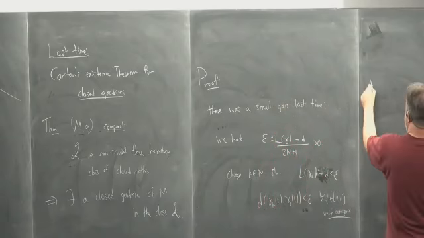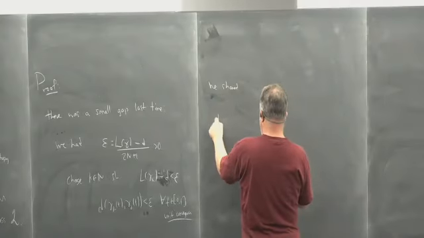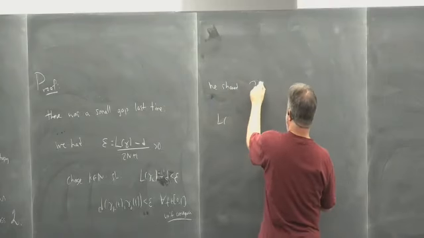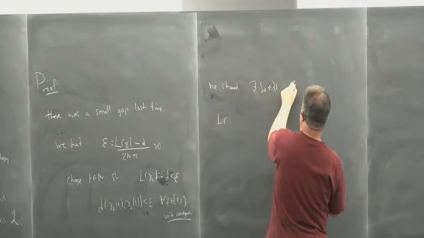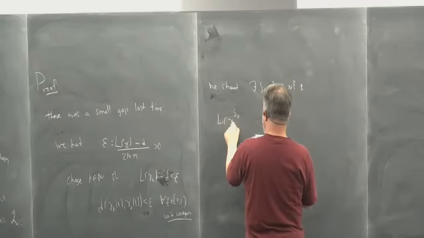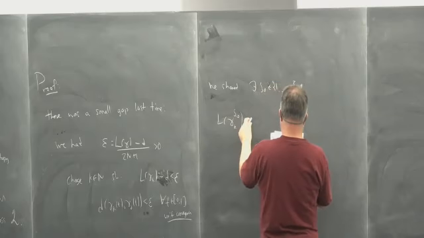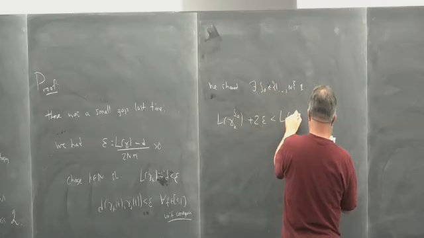So we showed that there exists some j naught from 1 up to n such that the length of gamma j naught k plus 2 epsilon is less than the length of gamma j naught.